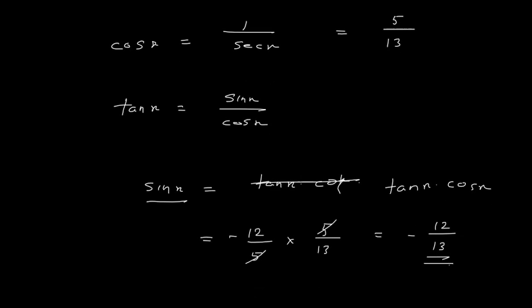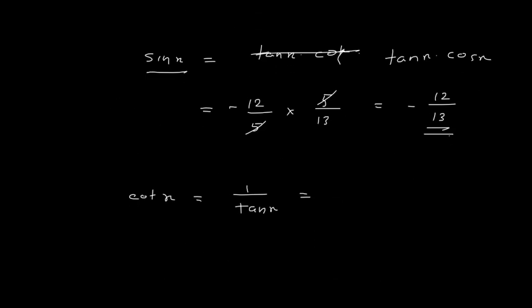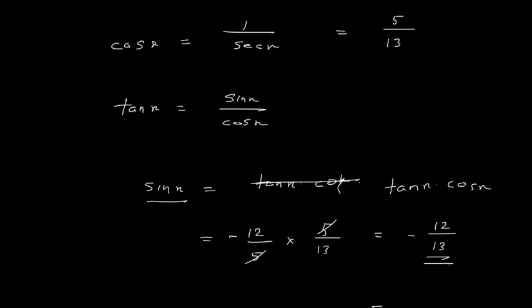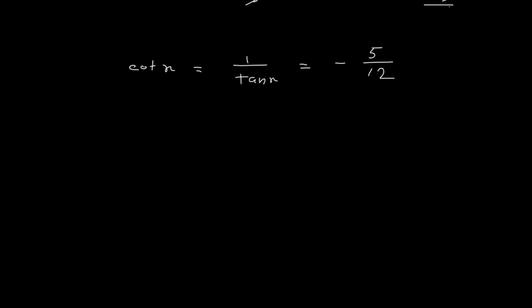So I have sin, cos, sec, tan. I can get the value of cot x. So cot x is 1 upon tan x. Tan x we got minus 12 upon 5, so it is minus 5 upon 12. Remaining is cosec.